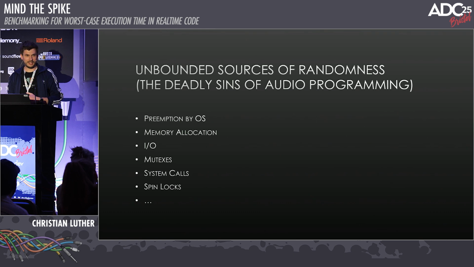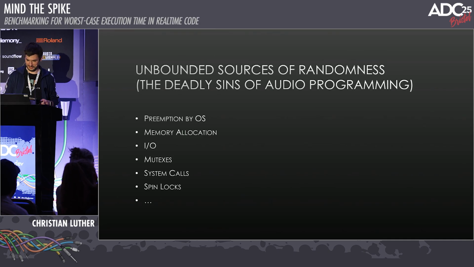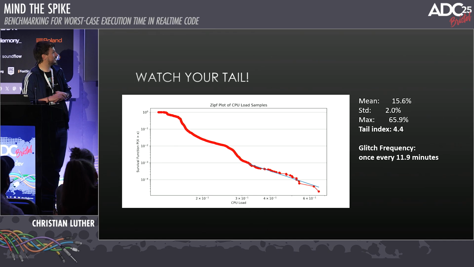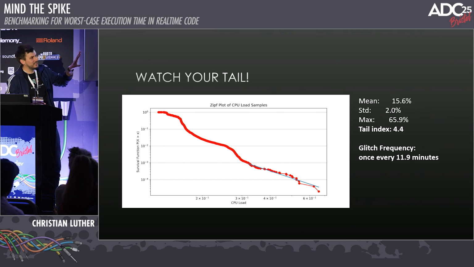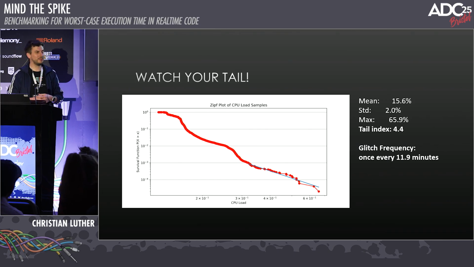And this can have a pretty heavy effect on how such a random process behaves. So here's a different version of the algorithm, and I built in a few deadly sins. And if we look at the data, the mean is 15.6. It's even lower. So that's kind of good, even more headroom.